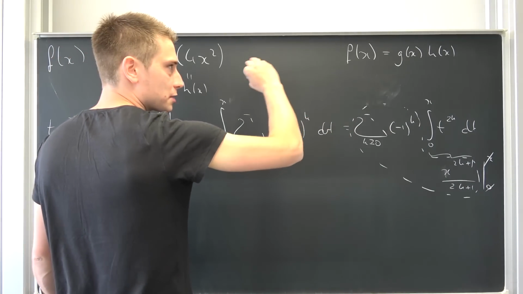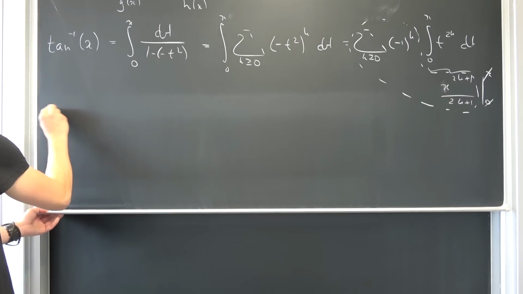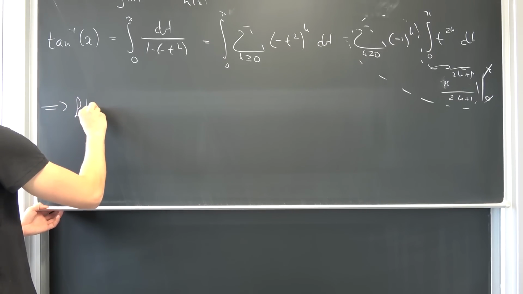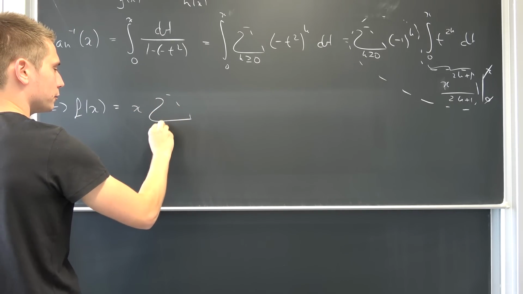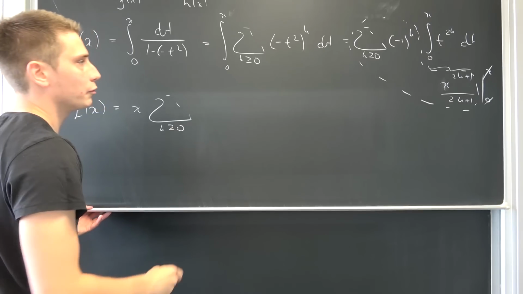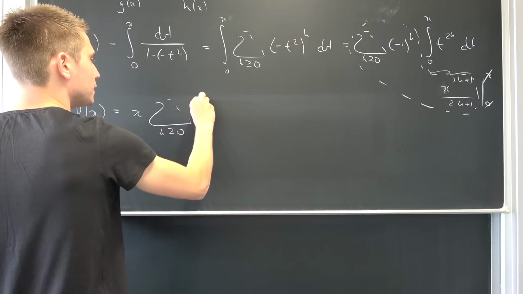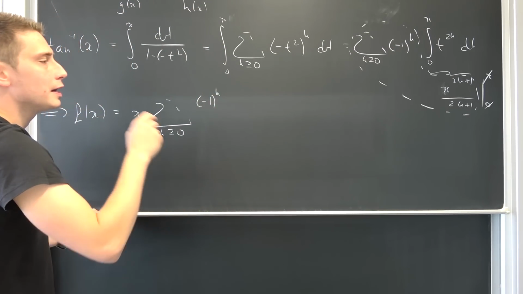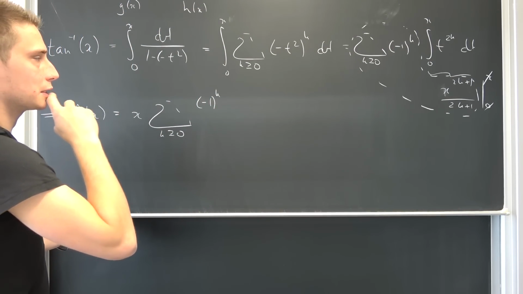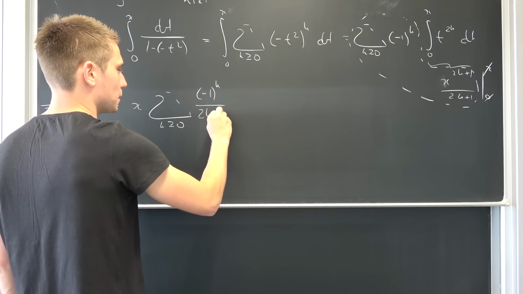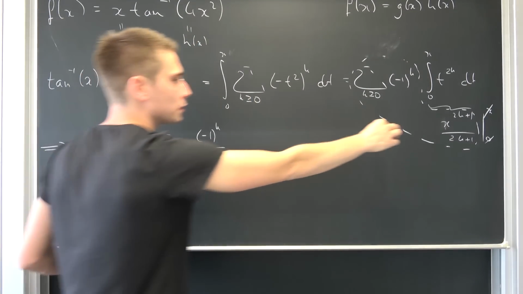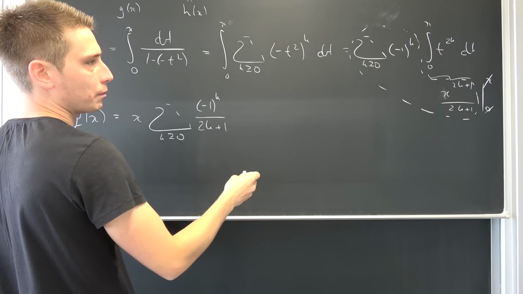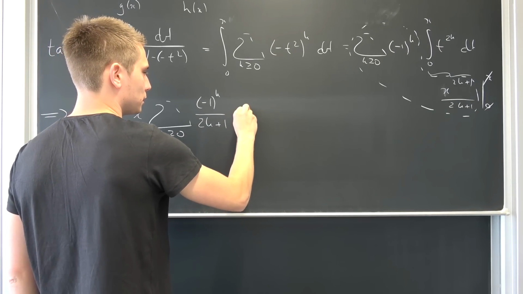Okay, like I said, we can just multiply Taylor series together, meaning our f of x is thus nothing other than x times our infinite sum of, okay, this is going to be preserved, negative 1 to the kth power, and also we are going to get, okay, I'm going to put over 2k plus 1 in here. Now we are going to get 4 to the 2k plus 1 power.